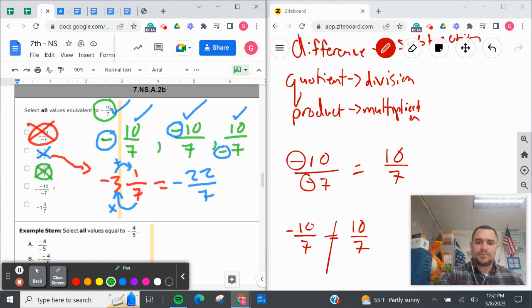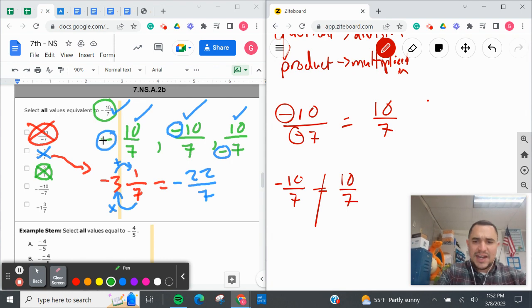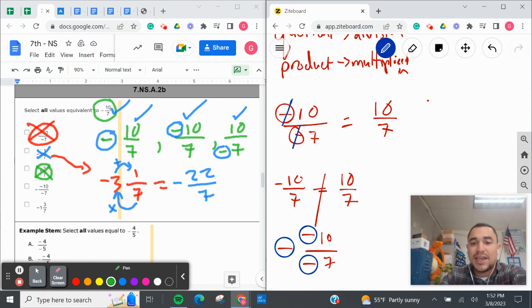But this one's confusing. Let's go over here and understand what this one is really saying. We have a negative, negative, negative 10 sevenths. What that really means is I have 1, 2, 3 negatives. Well, I know that a negative and a negative create a positive.